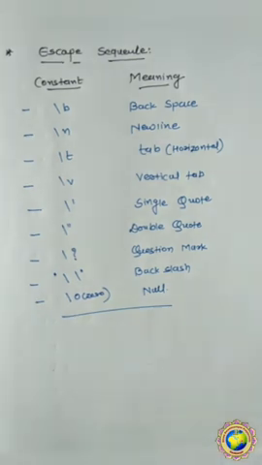So these are all the escape sequences we have to use in a printf statement as per requirement, or we can use these different escape sequences in C programming in a printf statement.